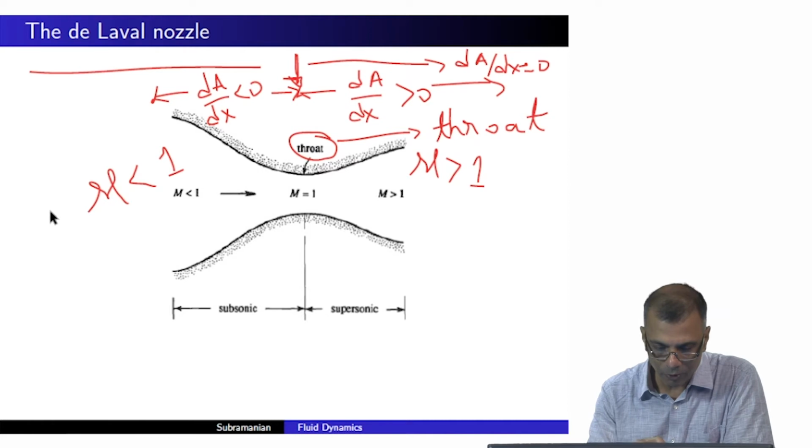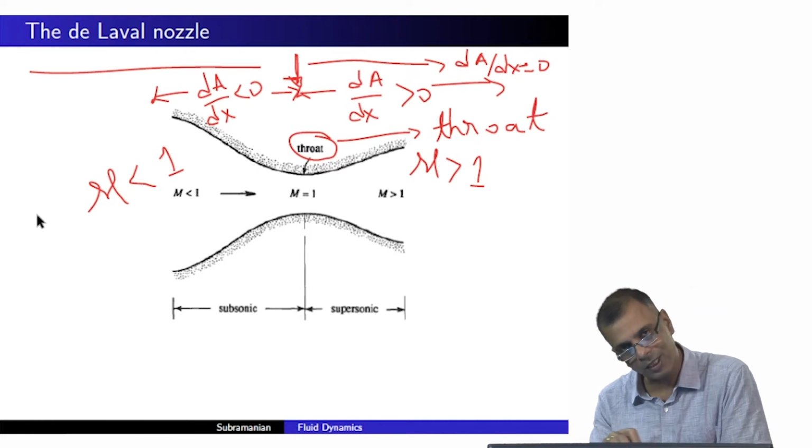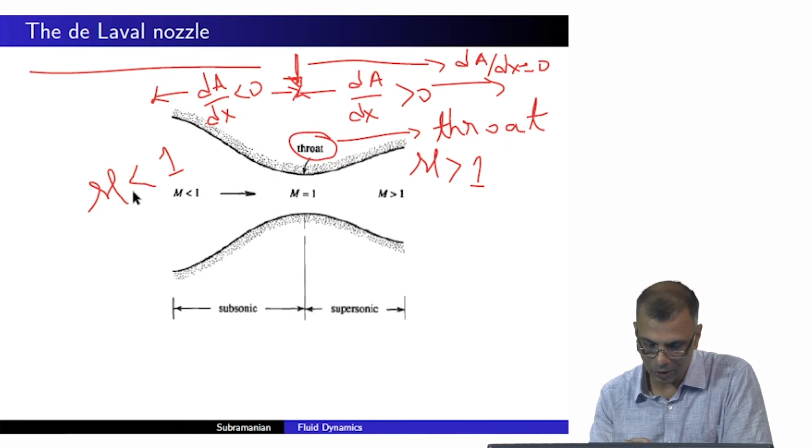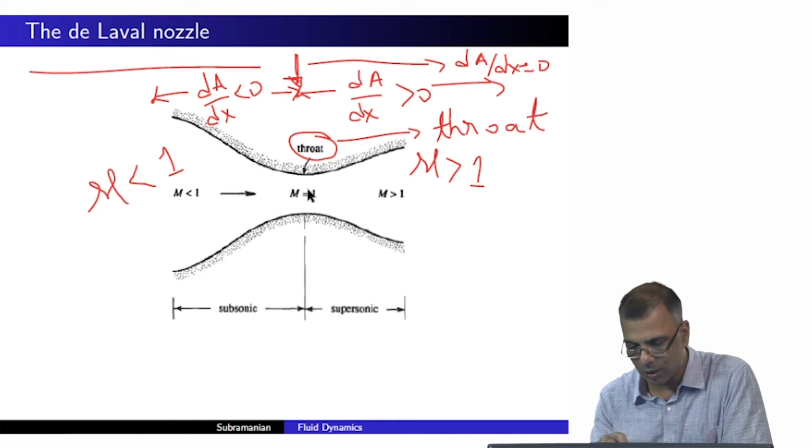So all the way from the left to the right, the Mach number is increasing. Okay, the Mach number was initially less than 1. It passes through 1, and then it becomes greater than 1. All through, the Mach number is increasing.